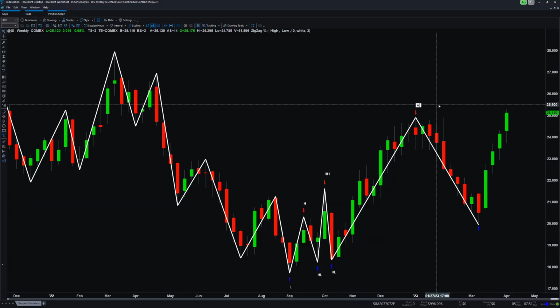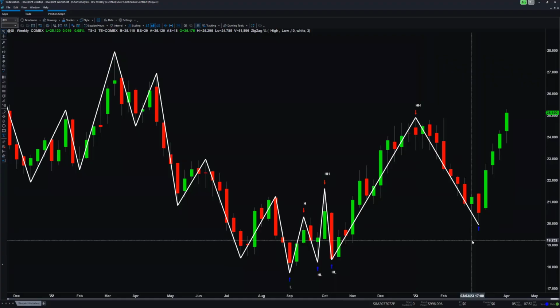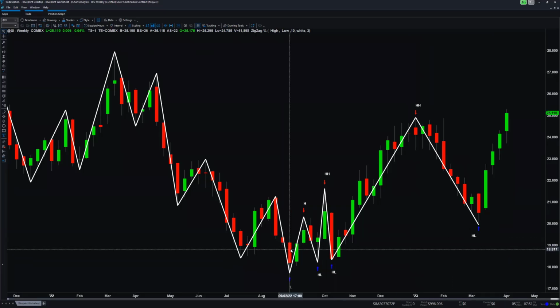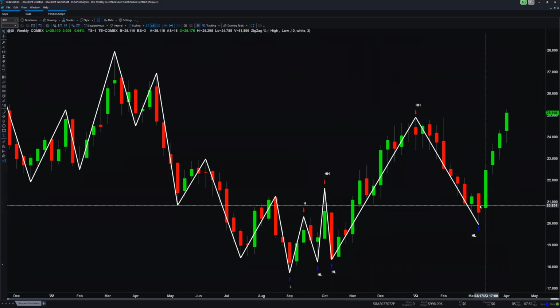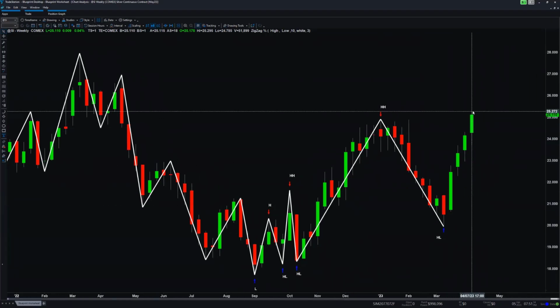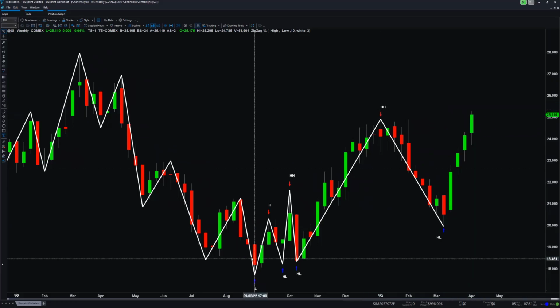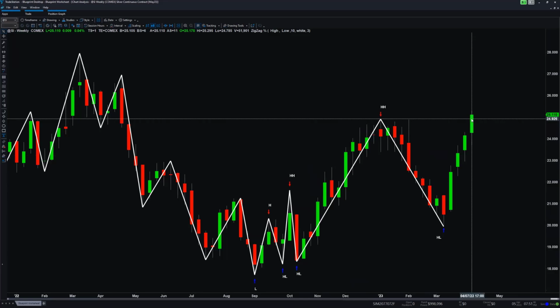And now I have a higher high again. And lastly, I have a higher low. So what I have is an uptrend here, right? I have a very clear uptrend here. Price is already trading potentially at a higher high here.